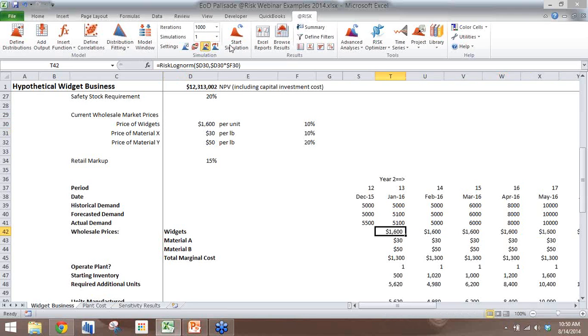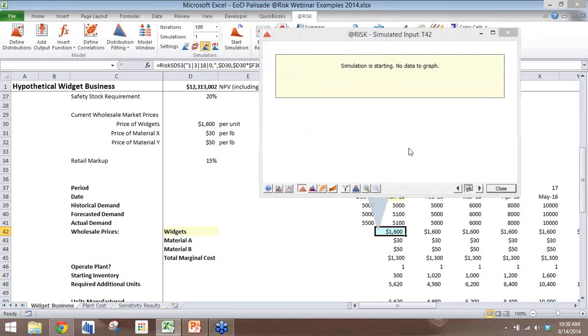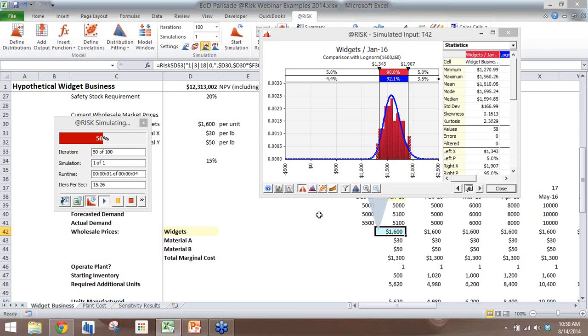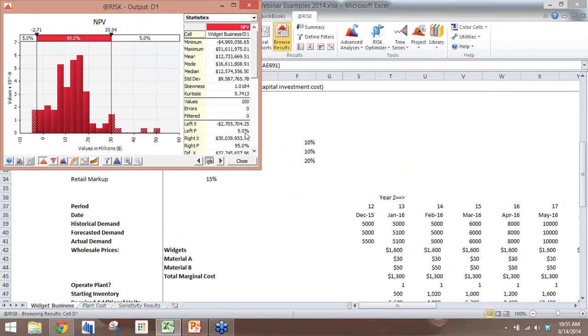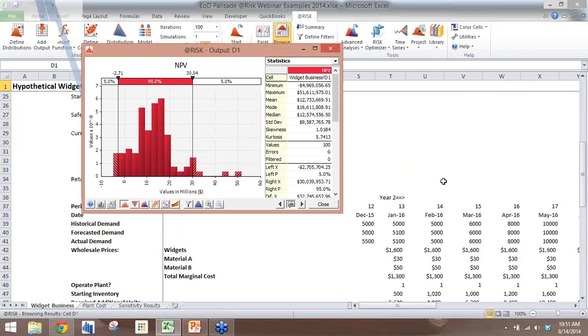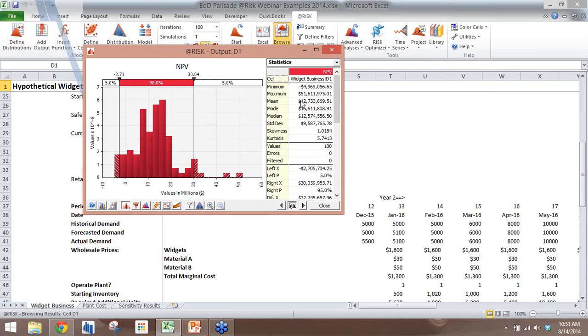And then what I'm going to do is run my simulation. In this case, I'm just going to run it using 100 iterations just to keep things a little bit faster. So now I have a mean value of 12.7 million as opposed to the 5.9 million if I assume my starting point is $1,600 per unit.